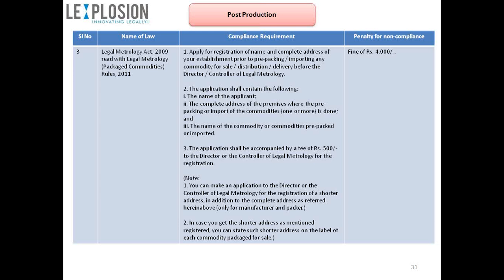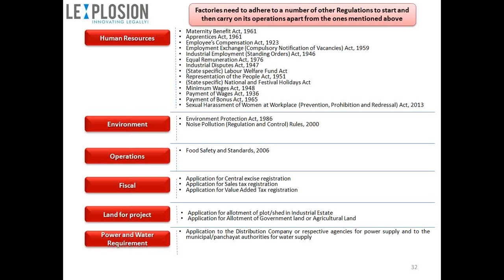In addition to the various laws that we've just covered, albeit very briefly, there are certain other legislations that you need to ensure you're in compliance with when you are carrying on the operations under the factory. Some of these laws which you need to adhere to are mentioned here.